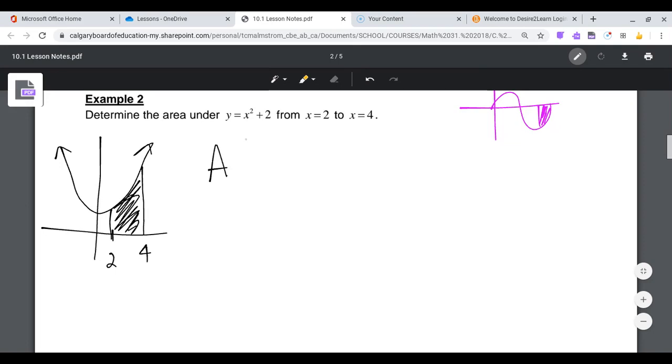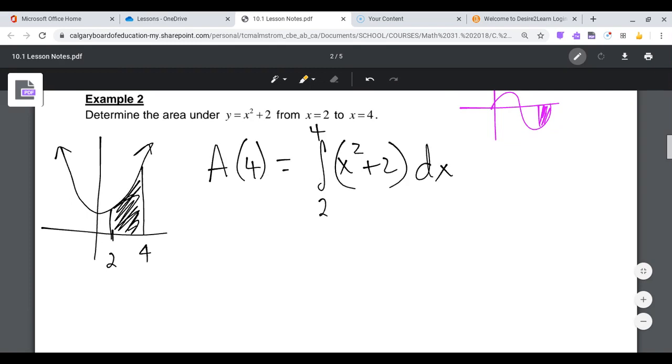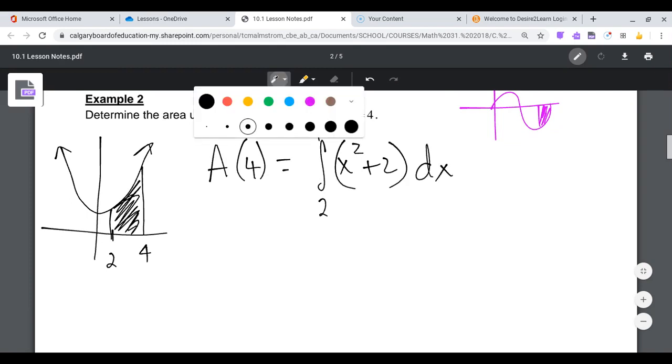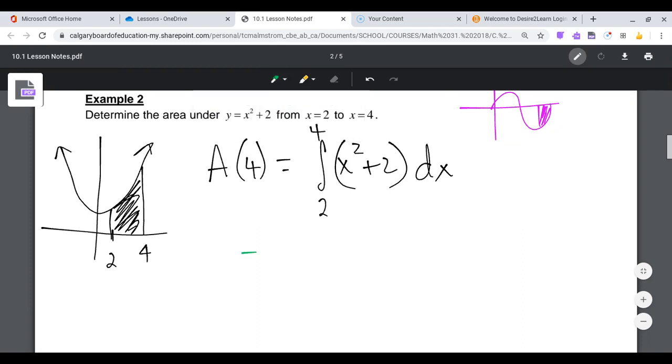So the area of 4 is equal to the integral from 2 to 4 of my function in terms of x. There's my notation. Then I go ahead and take the antiderivative. So the antiderivative of x squared is x cubed on 3 plus 2x.